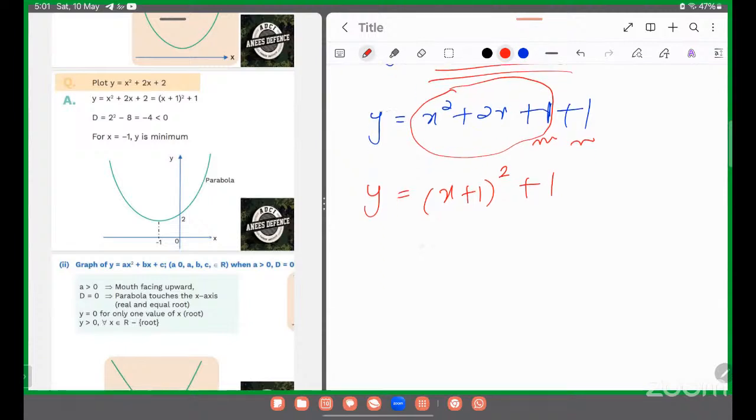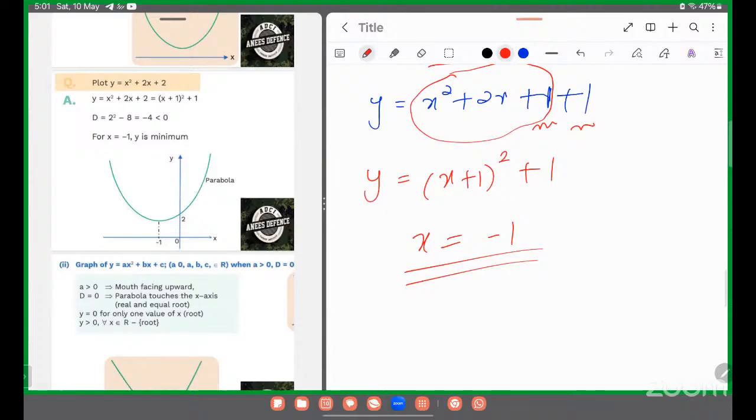So when you put x equal to minus 1, you can see that y equal to x plus 1 the whole square plus 1. This cannot be 0 at any cost. Whatever the value of x, whether you put plus or minus, x plus 1 the whole square is always positive, because the square of a number is always positive.